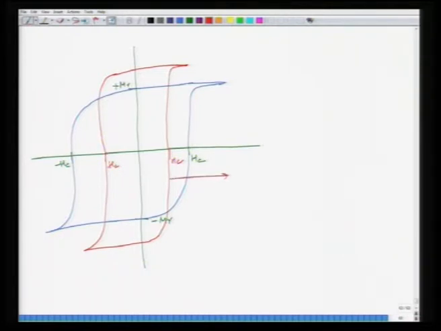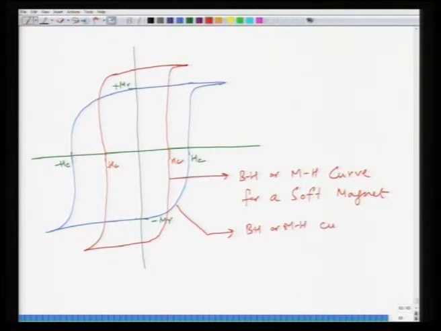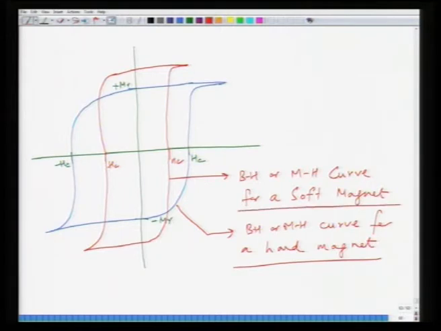So, this would be called the BH or MH curve for a soft magnet, and this would be called the BH or MH curve for a hard magnet. All right. So, this is the typical differentiation.